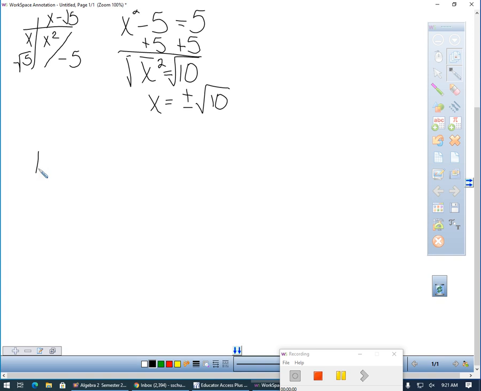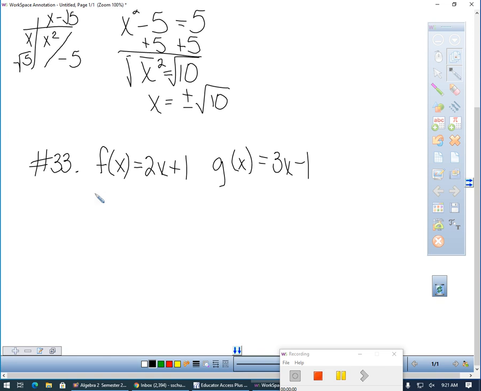All right, let's move on to number 33. I think we talked about some of these the other day, but I just wanted to include all of them. On number 33, we have f of x equals 2x plus 1, and g of x equals 3x minus 1. And they want you to do f of g of x. So what they're asking you to do is to take the g of x equation and plug it into f of x.